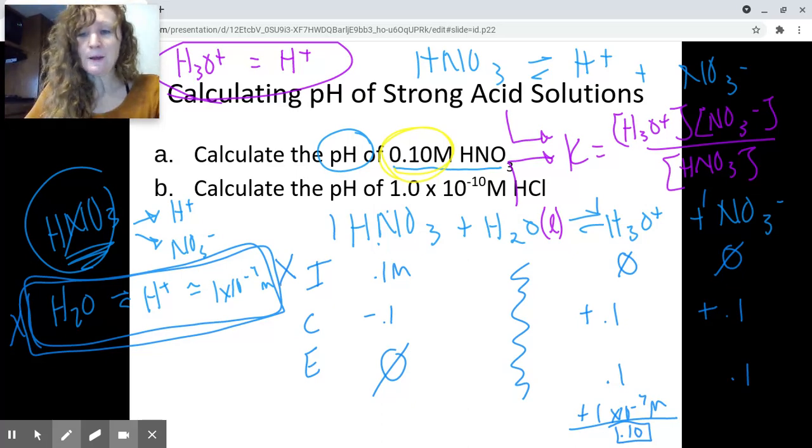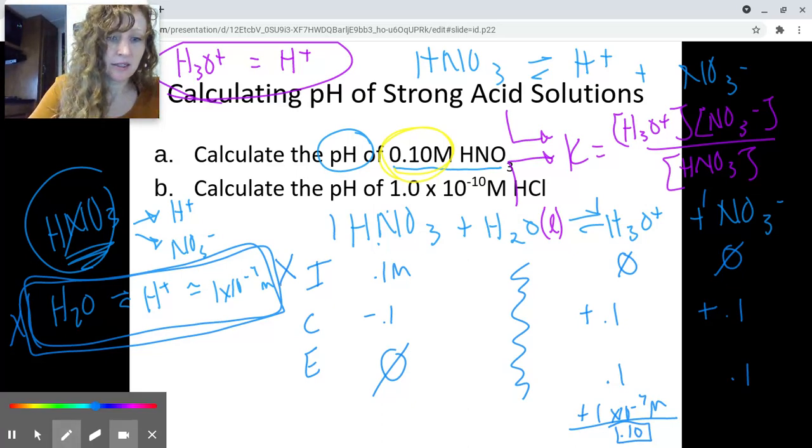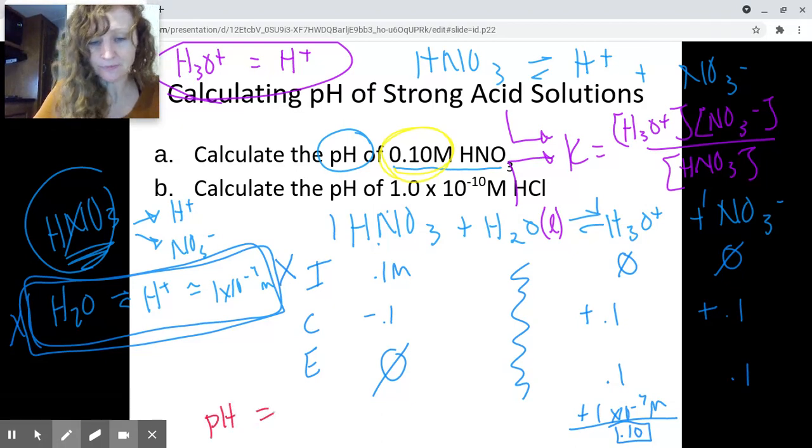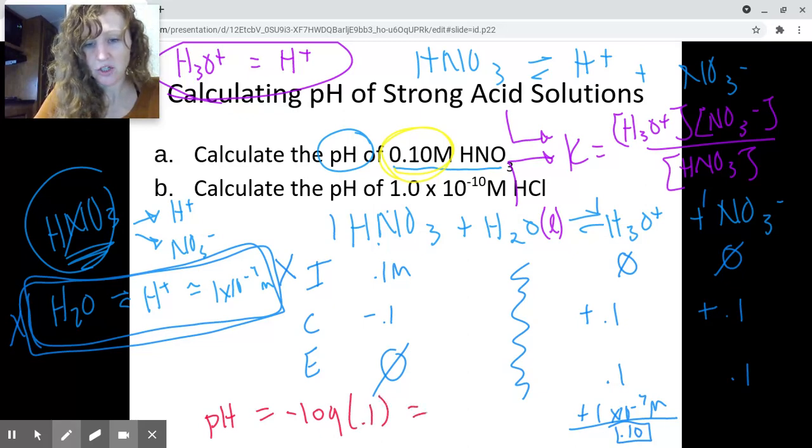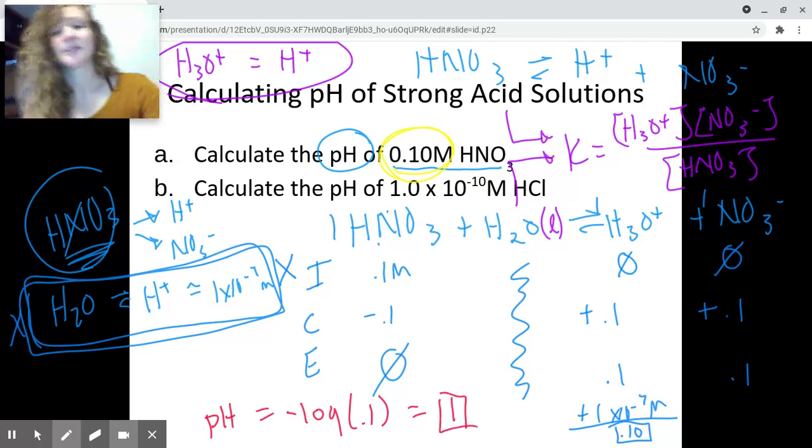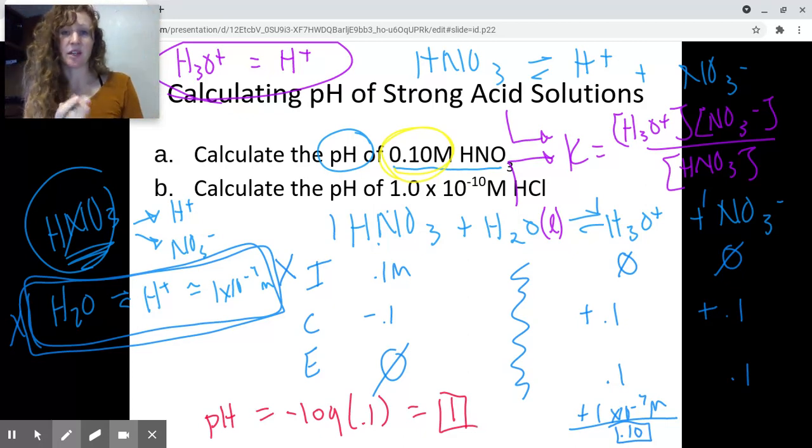So now I plug in, so pH equals negative log of 0.1, and my pH is going to be 1. Ta-da! We did it. That's how we do this specific equation. So the math is pretty simple.